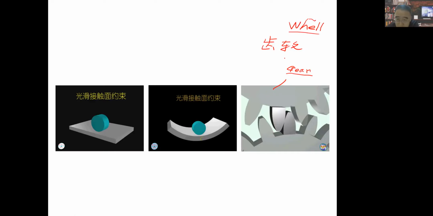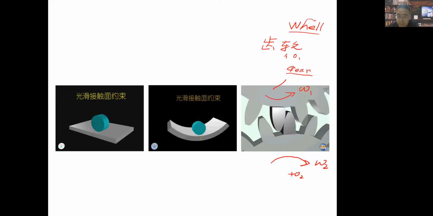It will rotate around some fixed point. Then this tooth will push this tooth in this direction. Then the second gear will rotate around another fixed point like this. So if this is another rotation direction, maybe here we have O1, it rotates here.